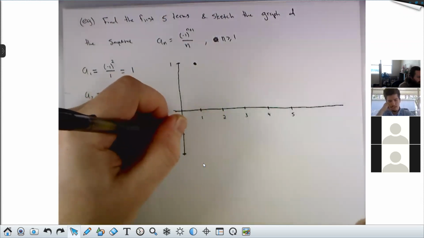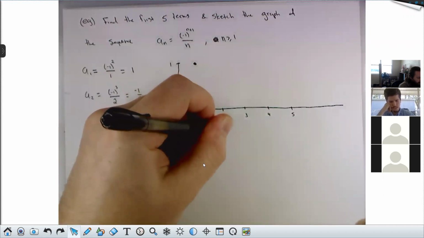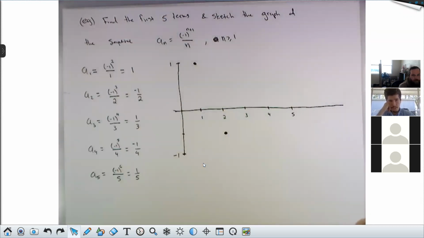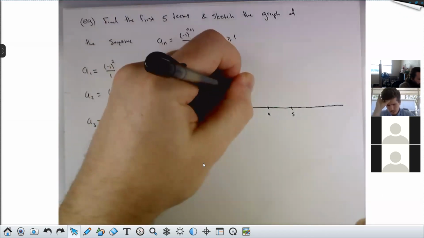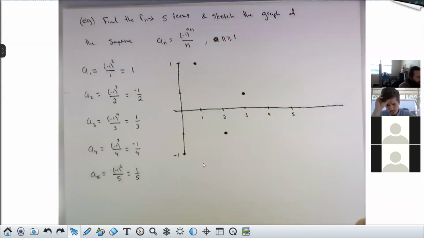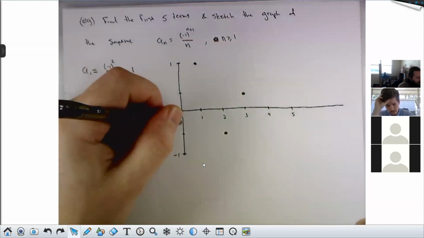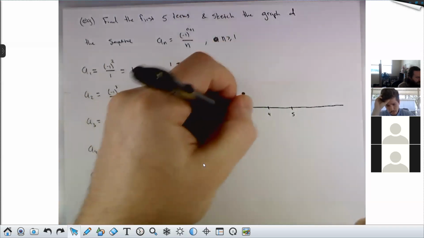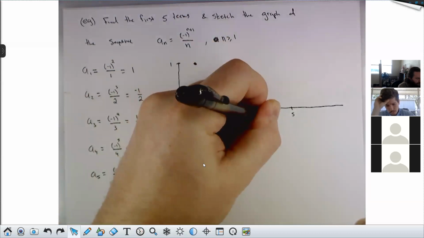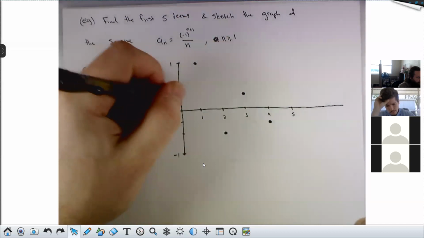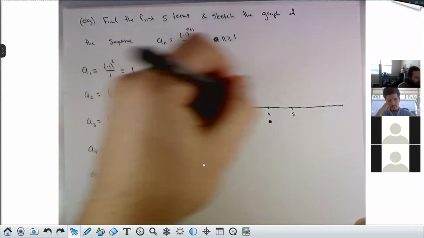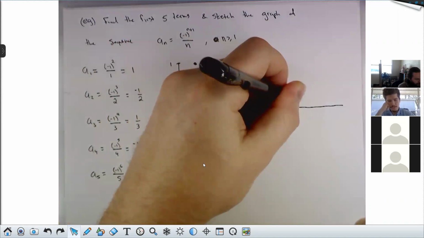So that's like here, 2, -1/2. a_3 is +1/3. That's like here. a_4 was -1/4. That's halfway between 0 and -1/2. So that's like right here. And a_5 is +1/5, which is going to be like about that high. That's like right here.